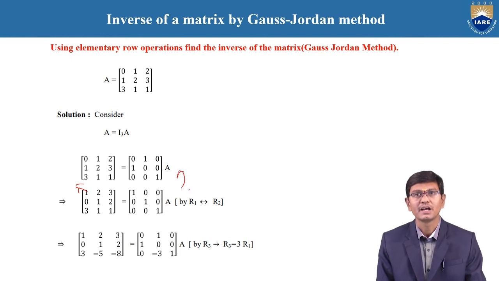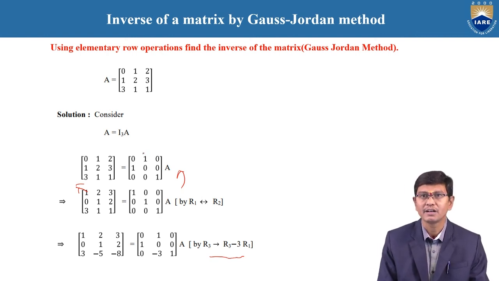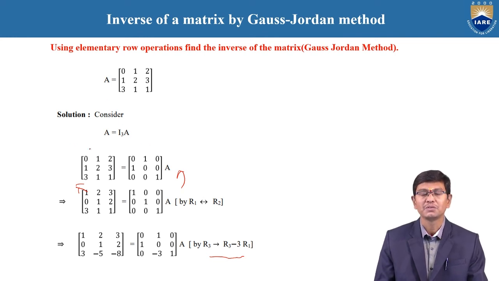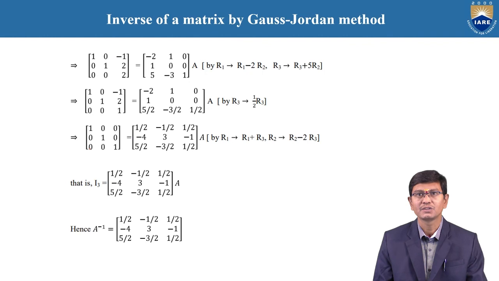Similarly, by applying R3 is equal to R3 minus 3R1, the given matrix is reduced to 1 2 3, 0 1 2, 0 minus 5 minus 8. Similarly, the right side is changed by R3 equals R3 minus 3R1, that is 0 1 0, 1 0 0, 0 minus 3 and 1.